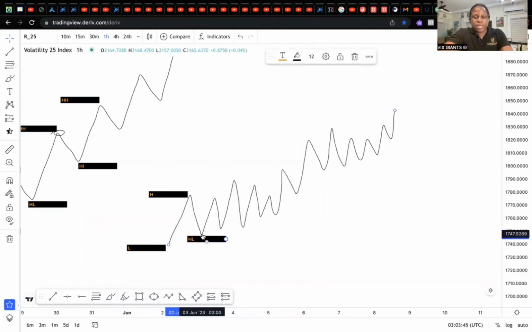As you can see, after creating this higher low point, the market trends to the upside, creating this point. This point did not break our previous high. Since it did not break above our previous high, it's lower. So that would have made this area in the market a lower high.